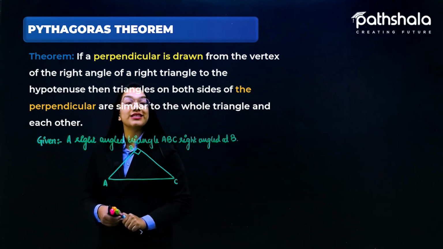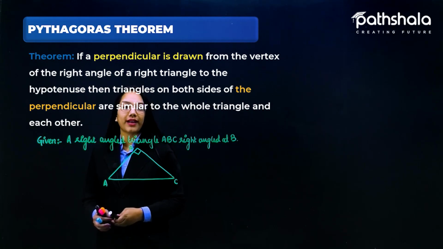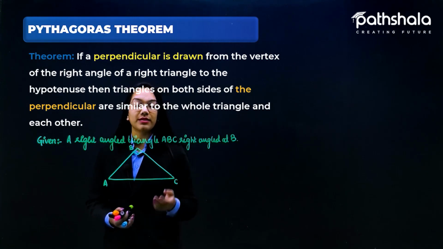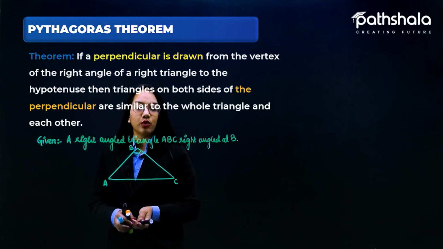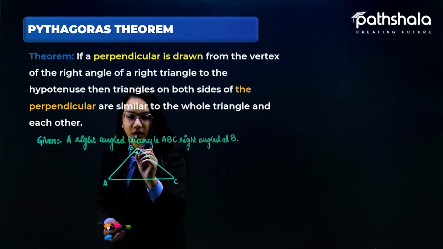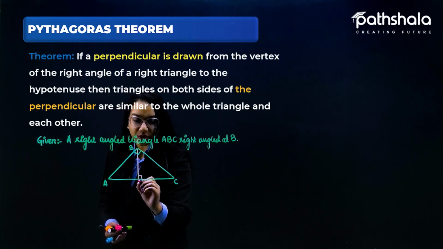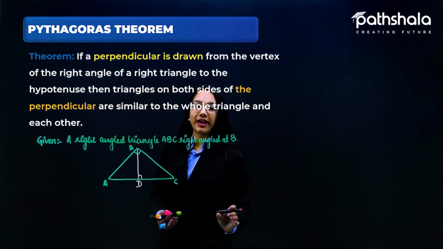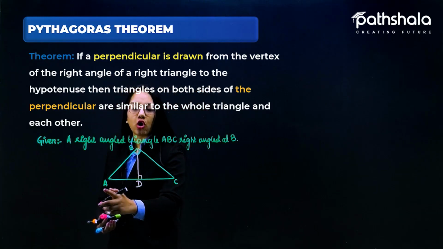Now again it says, if a perpendicular is drawn from the vertex of the right angle of a right triangle to the hypotenuse, then the triangles on both sides of the perpendicular are similar to the whole triangle. So let us suppose I am taking a perpendicular drawn from the right angle, so there is a perpendicular over here, and let me call it D. So the given statement is a right angle triangle ABC right angled at B and a perpendicular BD which is drawn to AC.